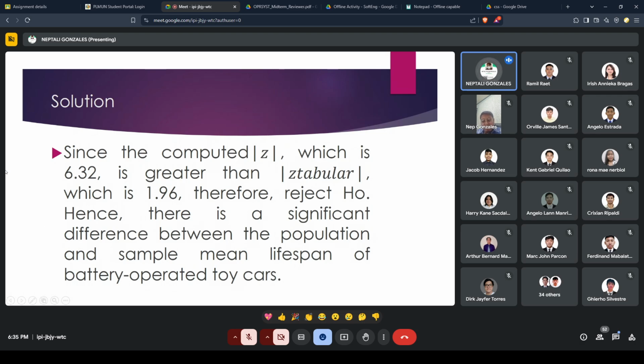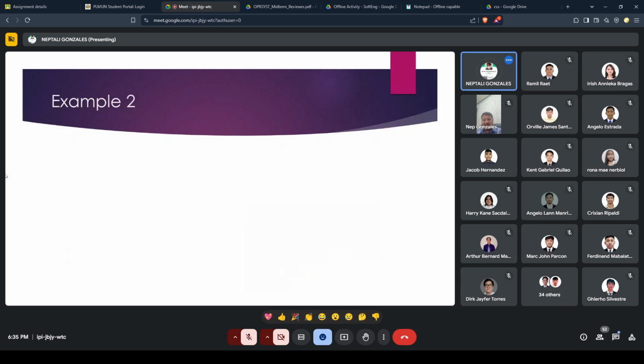So their claim about the battery of the toy cars is not accepted. We have to reject it because according to the statistics used, we need to reject. There is a significant difference between the population and sample mean lifespan of battery-operated toy cars.